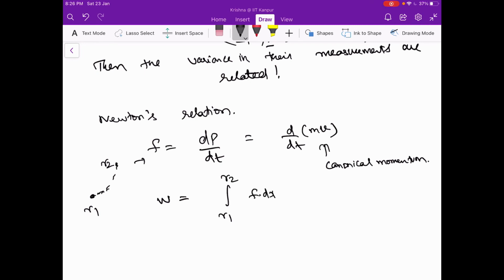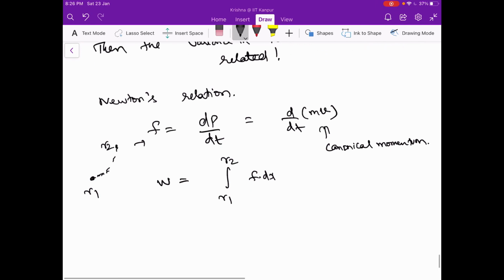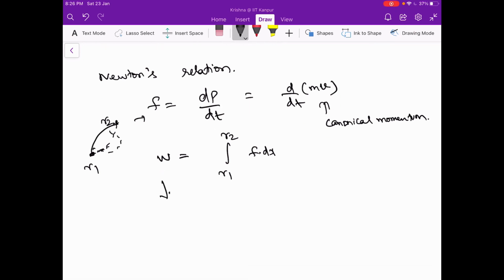And if this work is path independent, it does not matter if you go like this or like this, any such way, then that work can be written as the difference in potentials between R2 and R1. U is called the potential energy. It is called a conserved force.